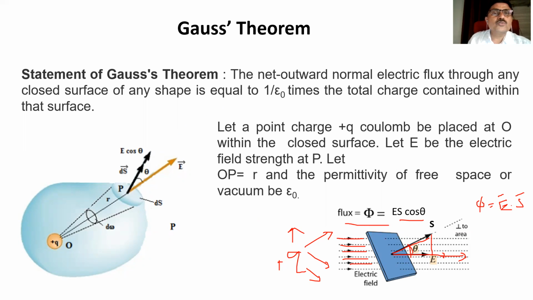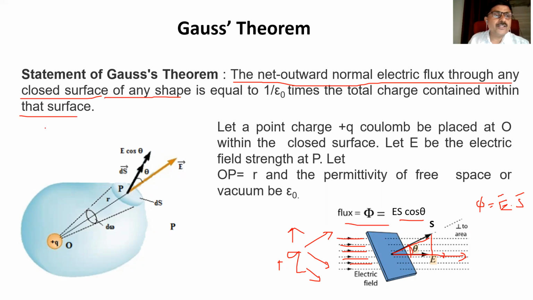Now let us move to the statement of the Gauss theorem. Actually, we have discussed this Gauss theorem in 12th standard, but we will prove it again here as a part of our syllabus. So the Gauss theorem states that the net outward normal electric flux through any closed surface, of any shape, is equal to 1 upon epsilon 0 times the total charge contained within that surface.